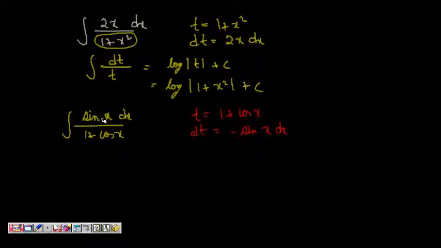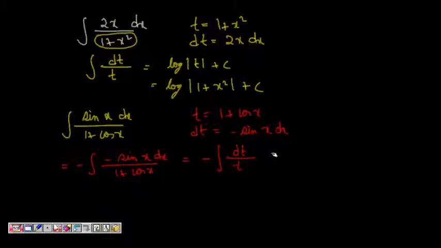This is already present. If we just manipulate the sign, this becomes minus of minus sin x dx by 1 + cos x, which is minus dt by t, equal to minus log of mod t plus c, equal to minus log of mod 1 + cos x plus c.